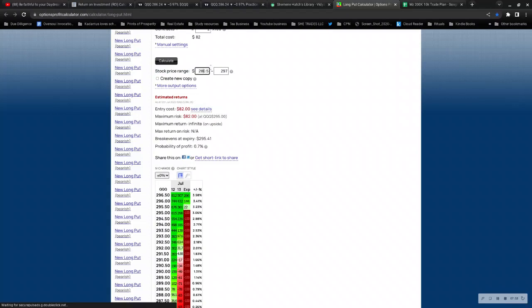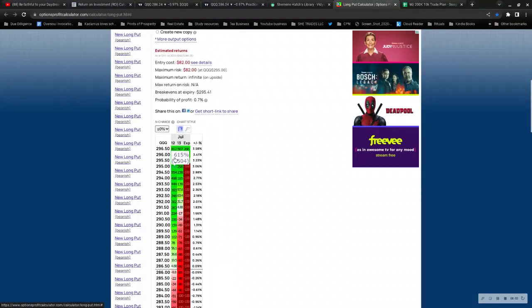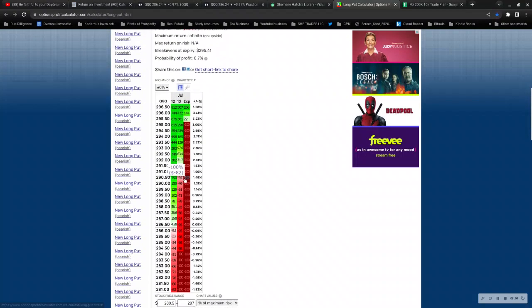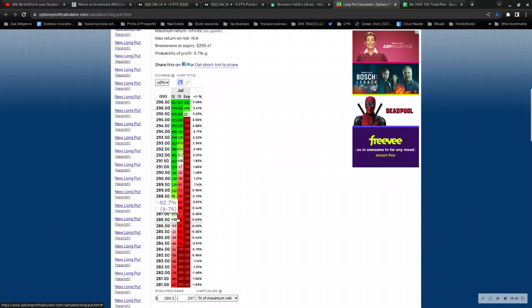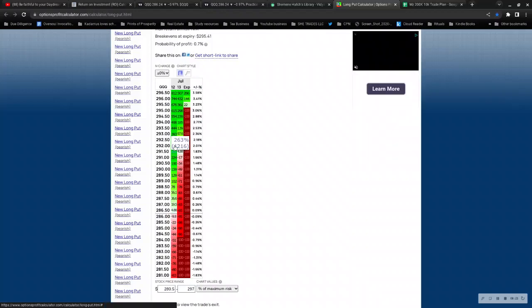QQQ ranges from 280 to 297. So that's the numbers that this calculator is using to give us the potential targets for the profit. So if I'm anticipating the stock to go to 292 with 2 contracts, I have the possibility to make $216 off of those 2 contracts as long as the stock moves to 292.